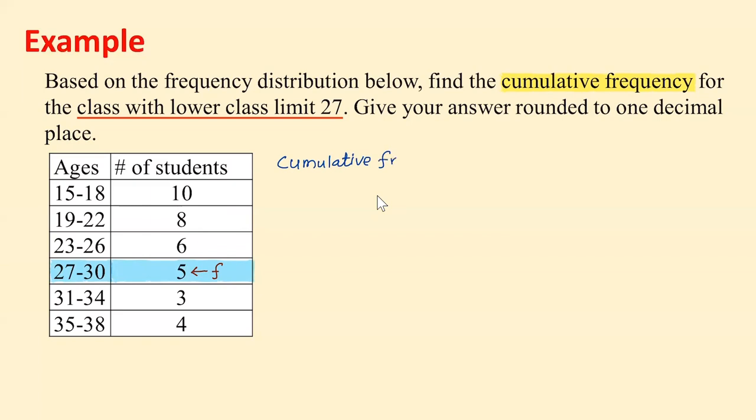Cumulative frequency, denoted by CF, is the sum, because it is cumulative, the sum of the frequency of the class.